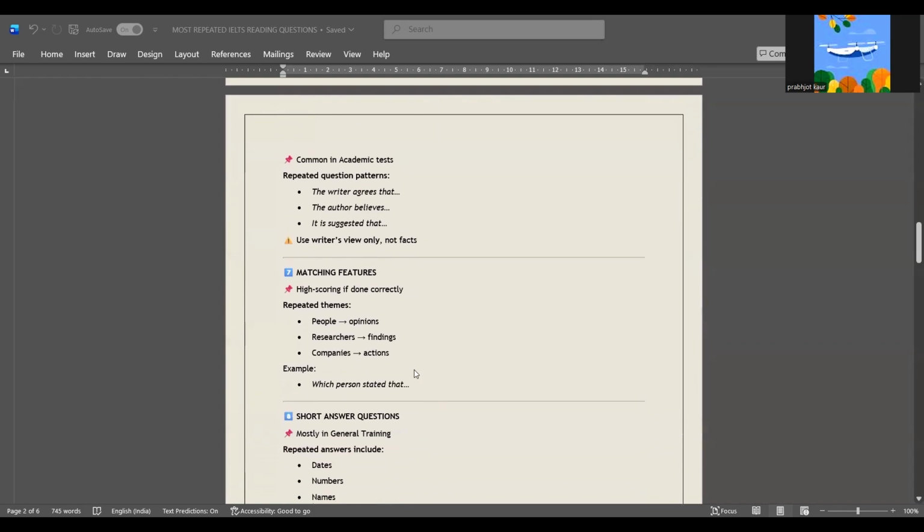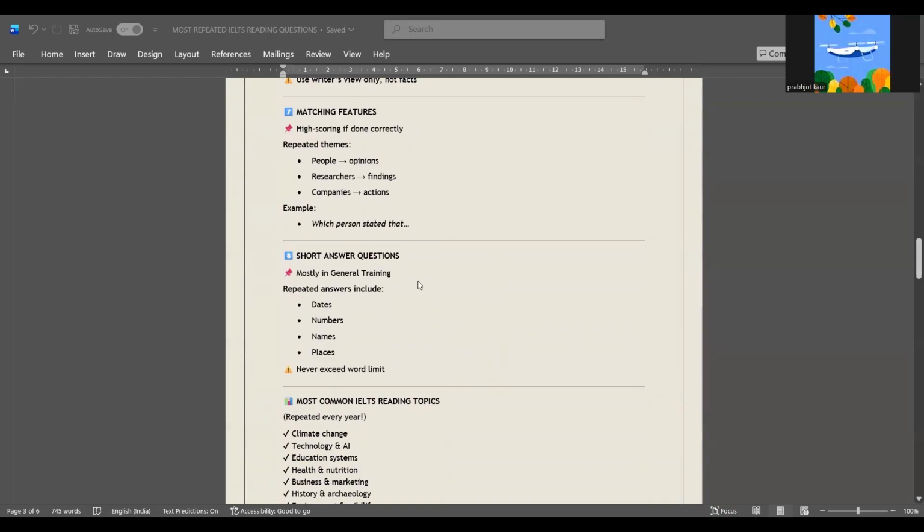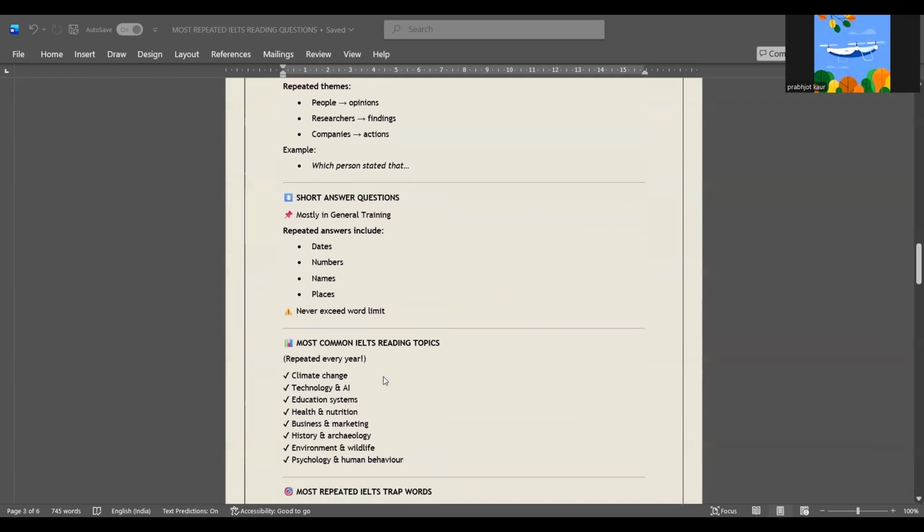And here is information about Matching Features, high scoring if you do it correctly, with repeated themes like people's opinions, researchers' findings, and companies' actions. Example: "which person states that." So this is like any opinion. Short Answer Questions are mostly in General Training. Repeated answers include dates, numbers, names, and places. So never exceed the word limit.